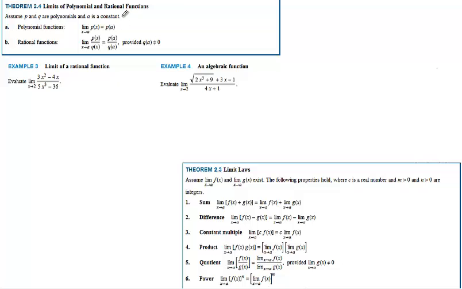Once you proved those laws, the polynomial function would follow, because I would just show, well, now I can combine the sum and the power and the multipliers. The rational function is just an extension of the polynomial function limit, because it's just the quotient. So let's play with some of these and see what we get.